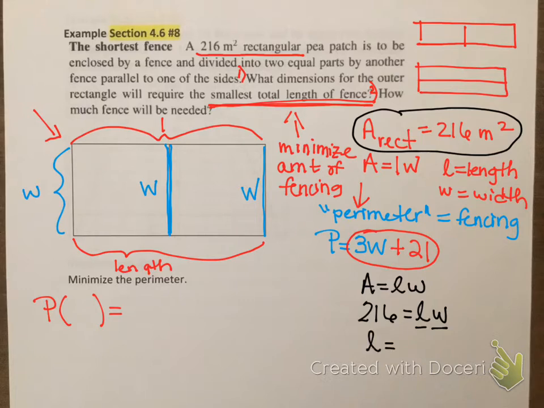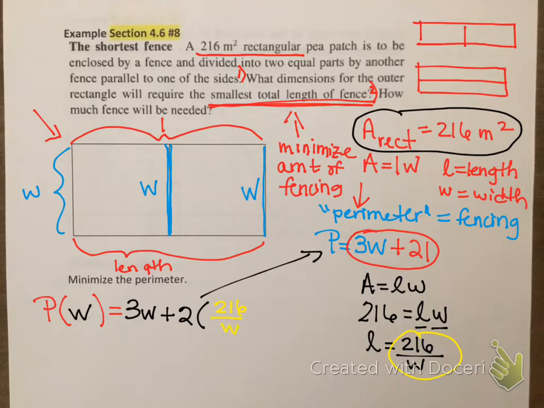So let's solve this equation for L. I'm going to divide both sides by W, and I would get 216 over W is L. That means then that I can use W's in my function. So my function from here would be 3W plus 2L, and L is 216 over W.